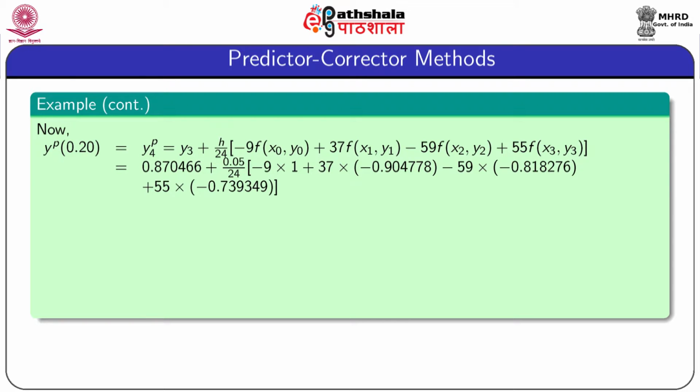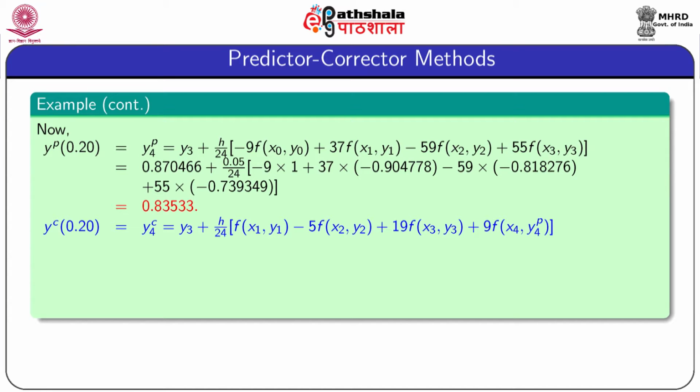These are the values of f at x0 y0, f at x1 y1 and so on. After simplification, the value of yp at 0.20 is 0.83533. So this is the predicted value of y when x equal to 0.20.